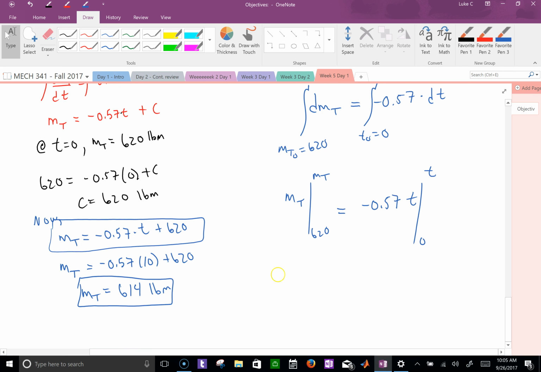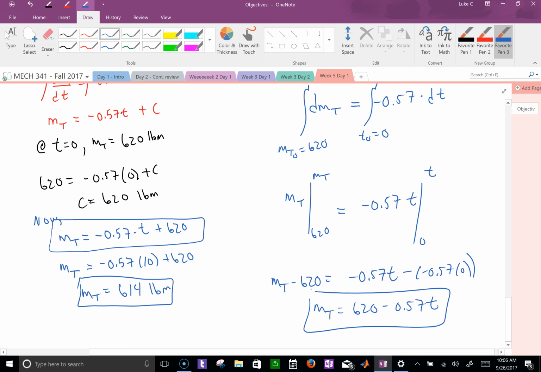Then we get M(t) minus 620 equals negative 0.57 t, minus negative 0.57 times 0, but that's all 0, right? So you get the same equation no matter which way you do it. Sometimes one way is easier than the other. It doesn't really matter.